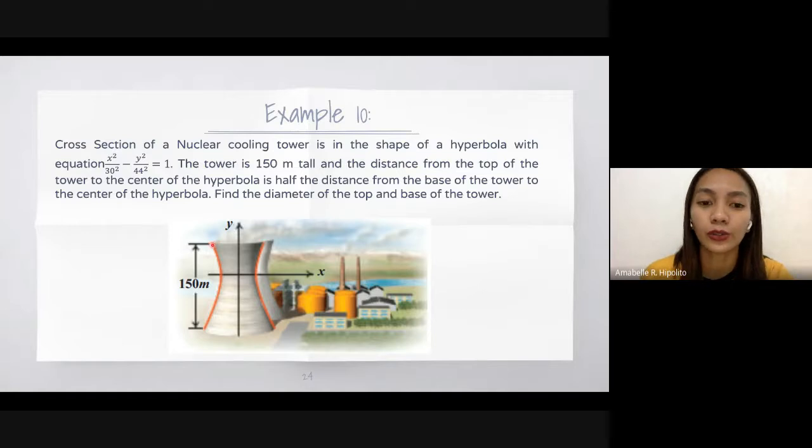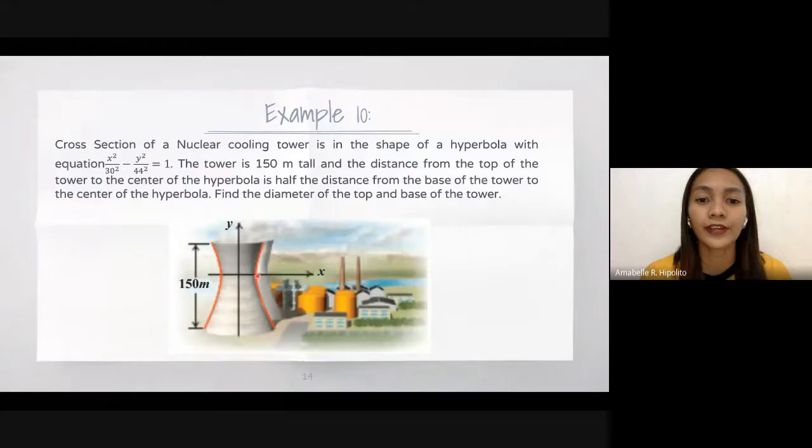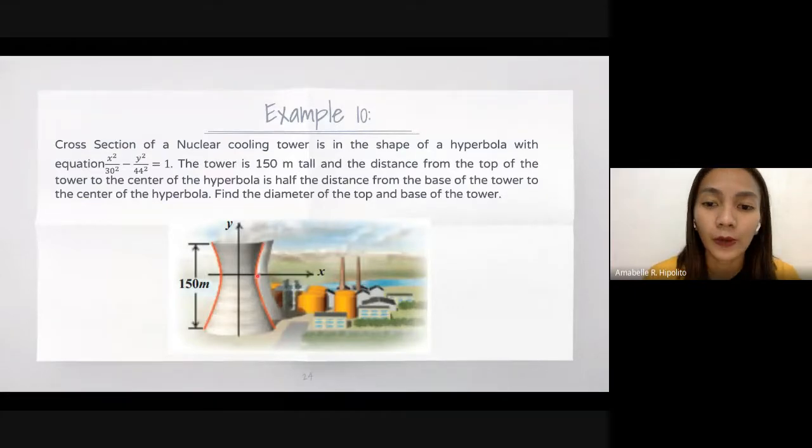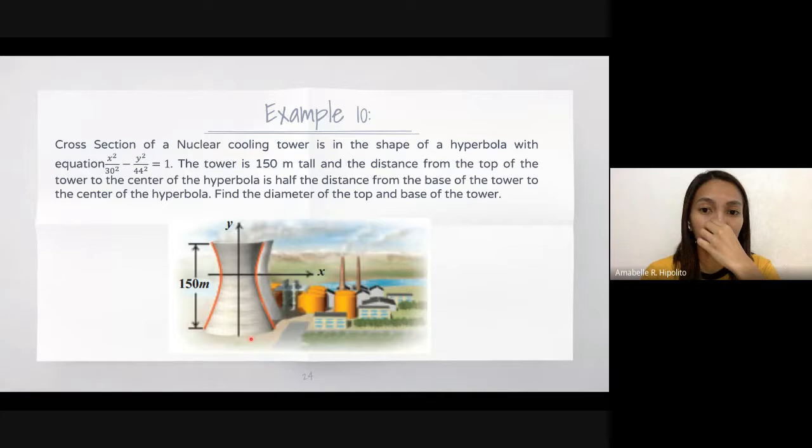So, half daw po yung distance. Okay? Next, find the diameter of the top and base of the tower. So, diameter po yung hinahanap since we all know na this tower, ang nasa top niyan is circle, and nasa base niyan is also circle. So, hahanapin natin yung diameter.